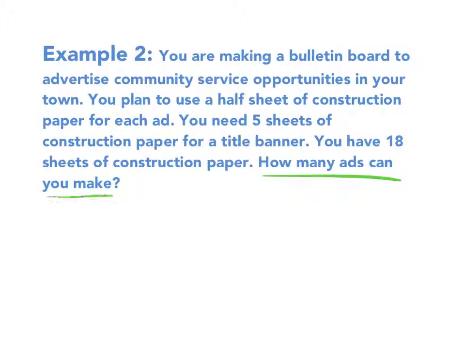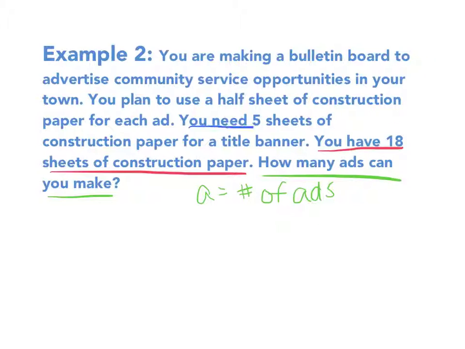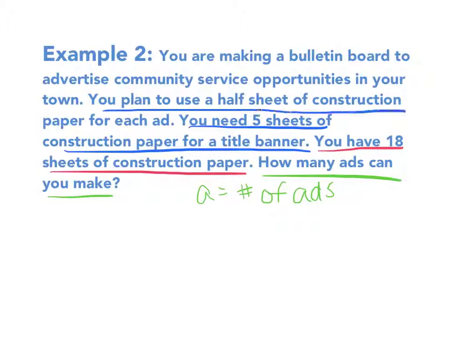How many ads can we make? So I'm going to assign my variable to that question and say A equals the number of ads we can make. We also know that you have 18 sheets of construction paper.